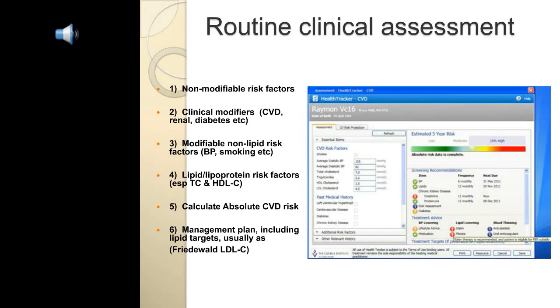It's worthwhile stressing that if the risk is in an intermediate zone, it's at this point that additional measurements, whether they be additional lipoprotein measurements or other risk assessment measurements such as C-reactive protein, etc., might contribute to that process. And out of all of this information, a decision can be made as to which particular treatments are appropriate for that individual patient.